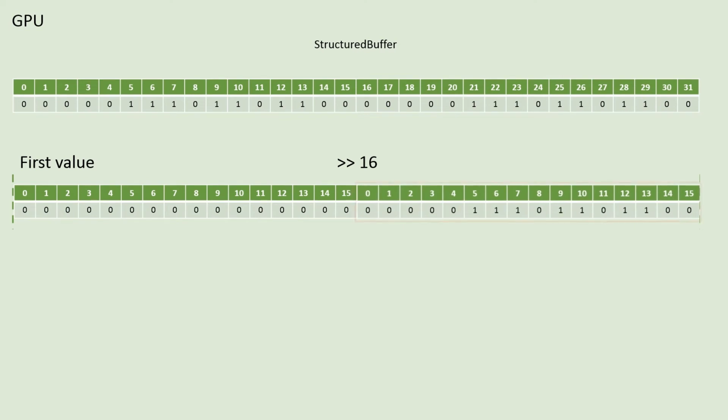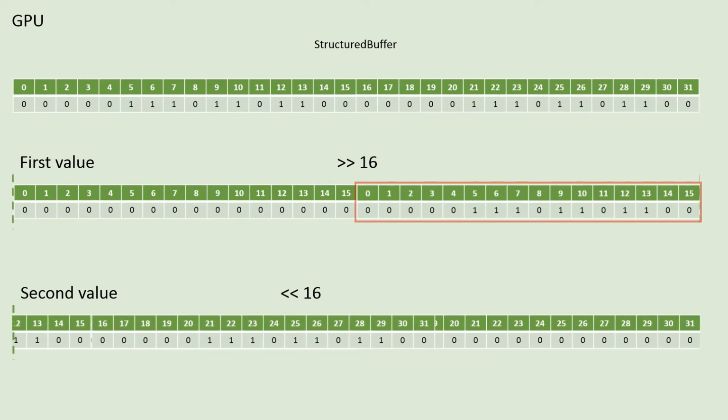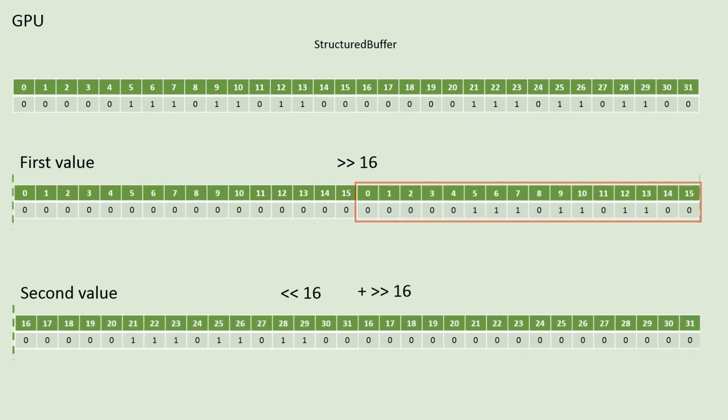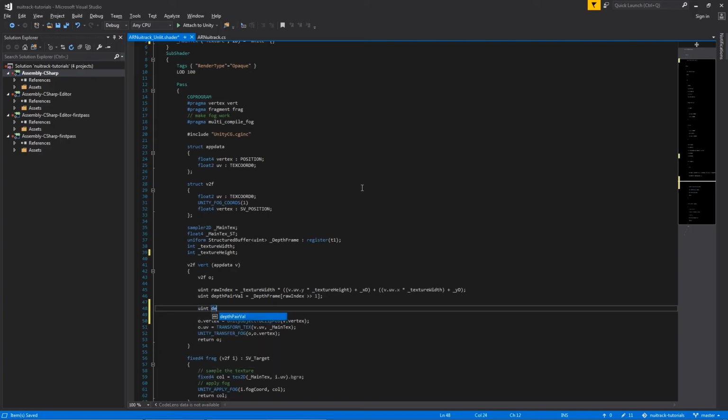To get the first value, we need to make a shift by 16 bits to the right. To get the second part, first we make a shift by 16 to the left to zero the first part, and then shift back by 16 to the right. Let's add a transformation to get one value from a depth pair for the current index.